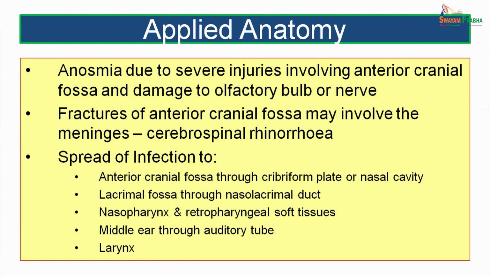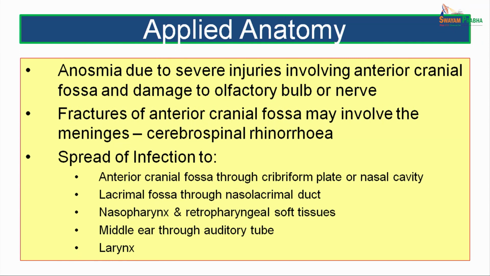Anosmia or loss of the sensations of smell. It occurs due to severe injuries involving the anterior cranial fossa and causing damage to the olfactory bulb or the olfactory nerve endings.